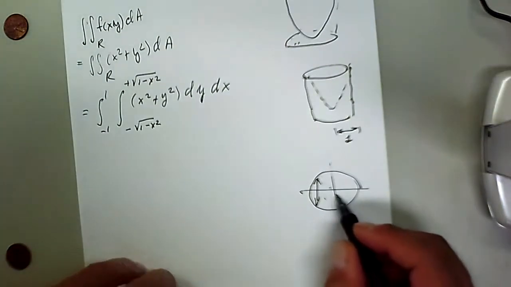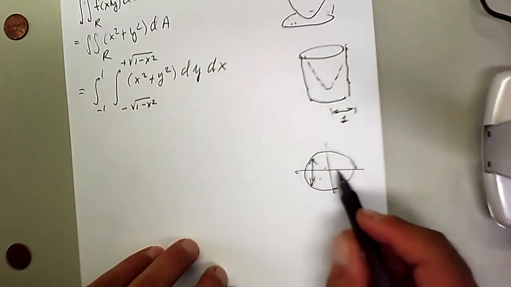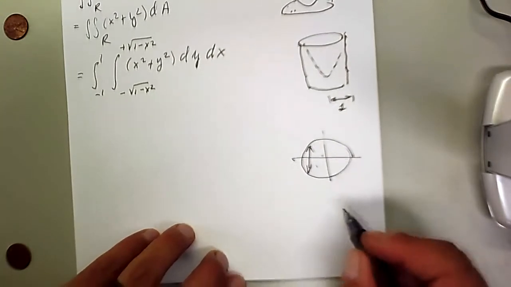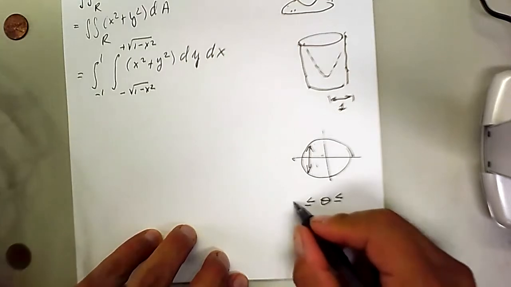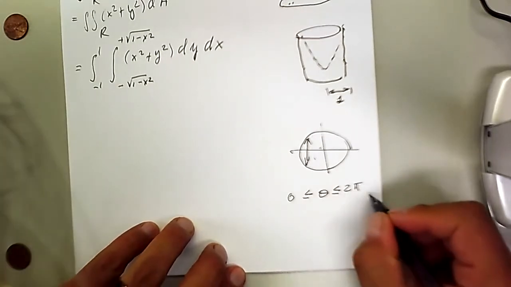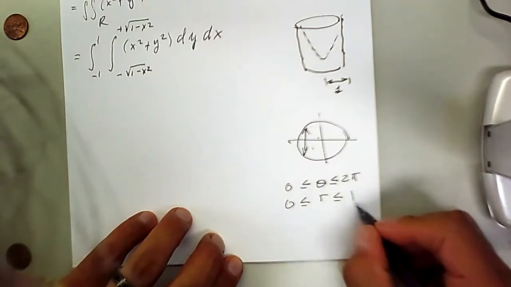But this circle is a polar rectangle. Why is it a polar rectangle? Because the points in the circle satisfy that theta is between 0 and 2 pi, and r is between 0 and 1.